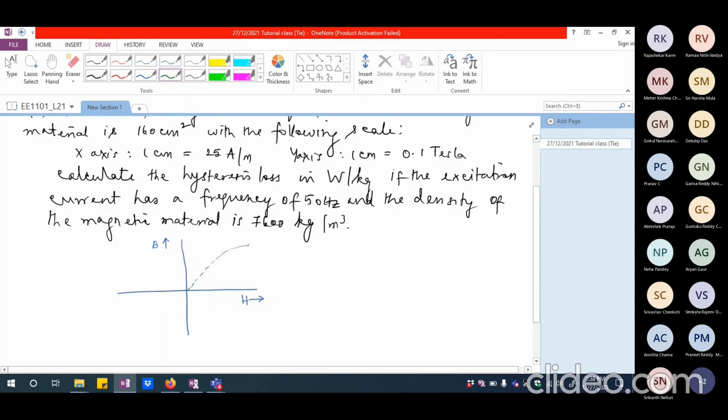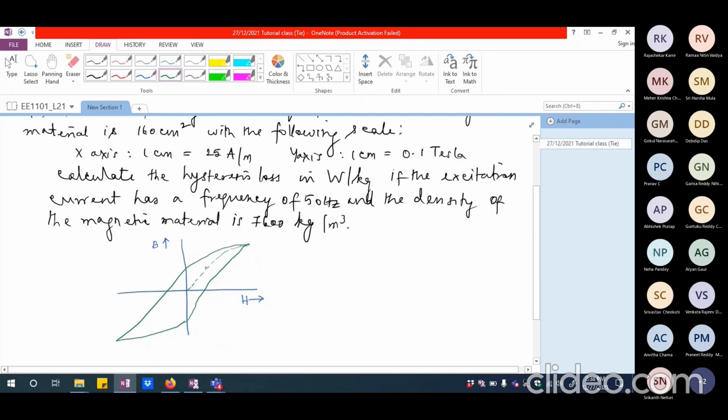And then when you try to reduce H, the magnetization characteristics go up like this and then come down like this. So this is the complete BH loop.